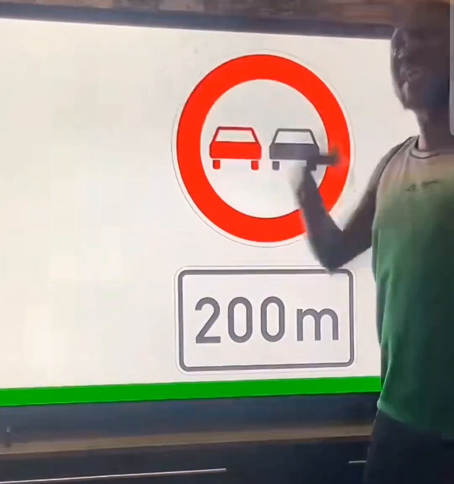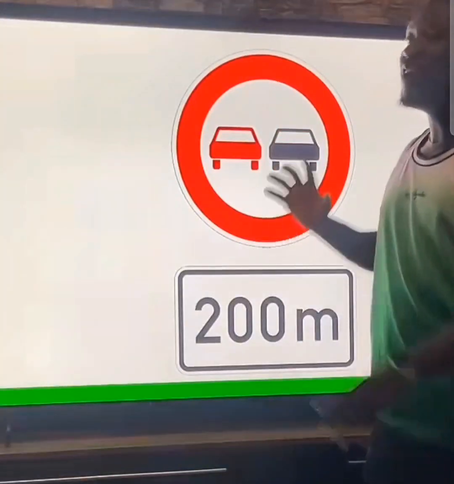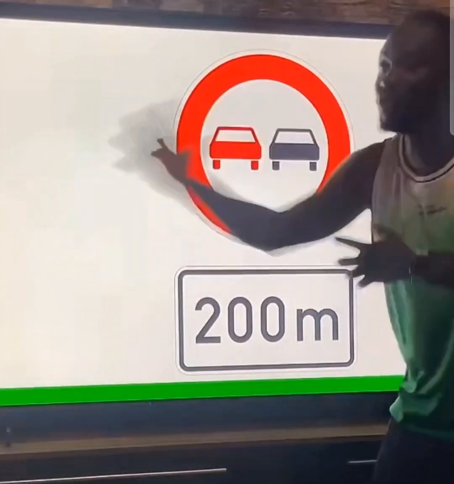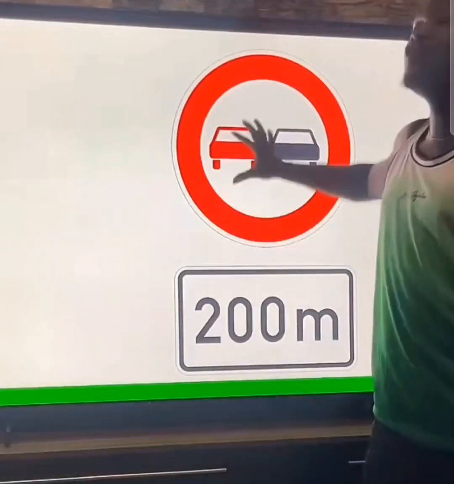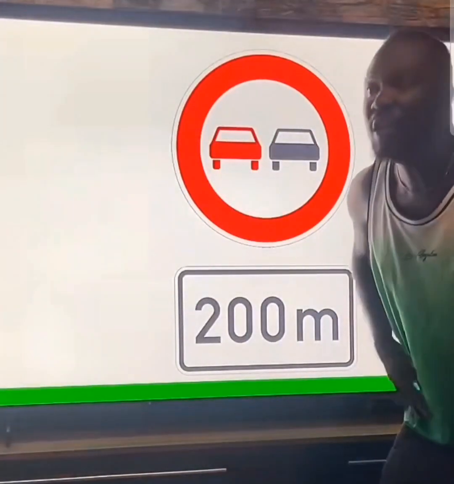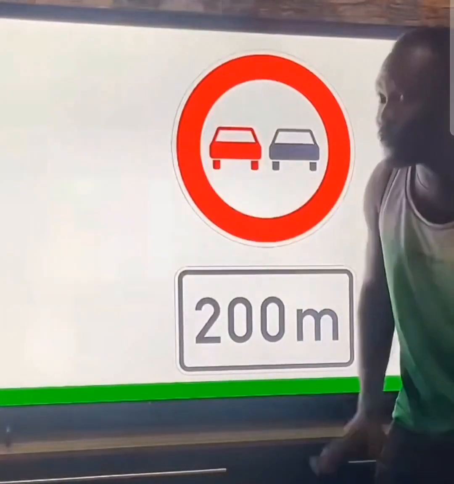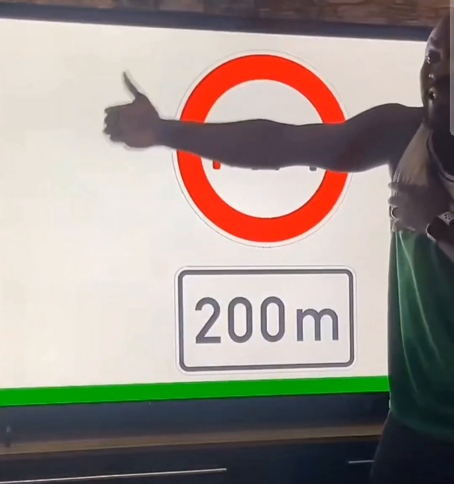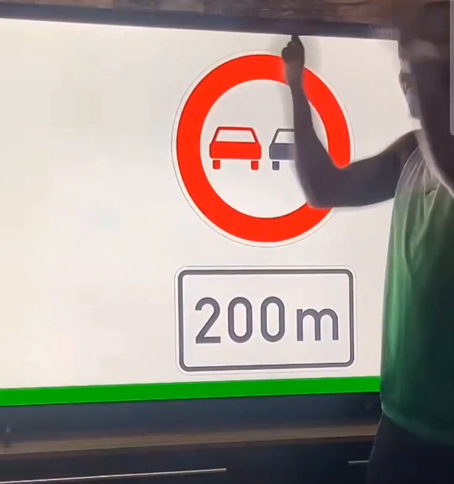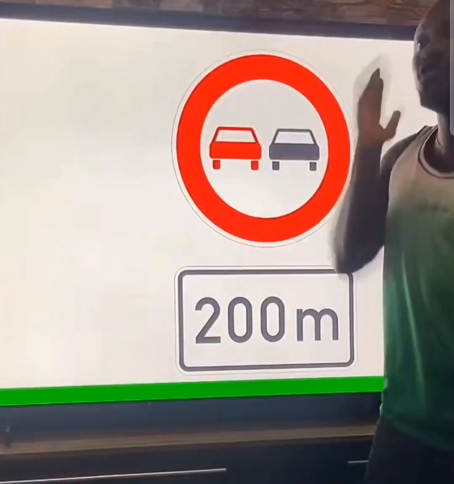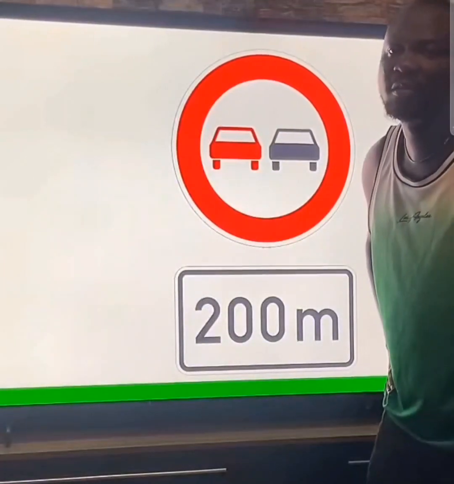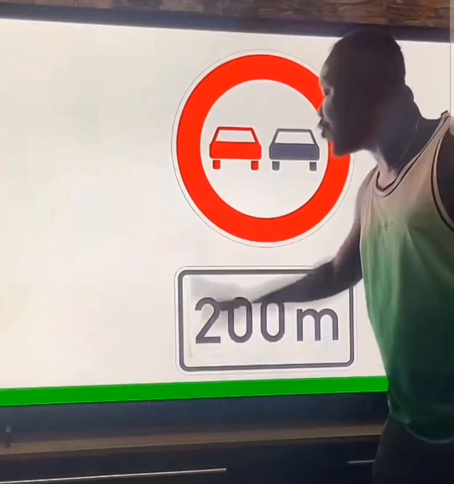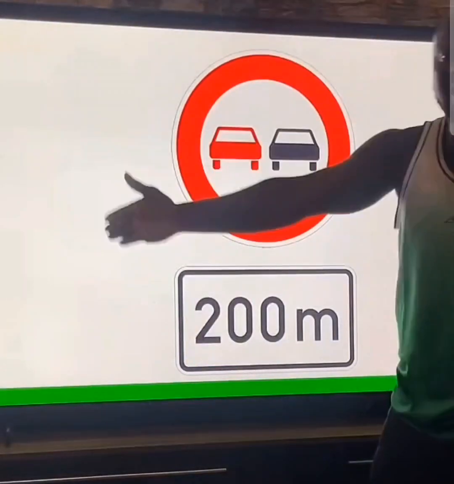So it's like a remembrance reminding you that as you continue to drive, in 200 meters in front of you, you cannot overtake. Not a distance of 200 meters. In 200 meters, as you continue to drive, you cannot overtake a car. So when there is no arrow here, that means it is always ahead.